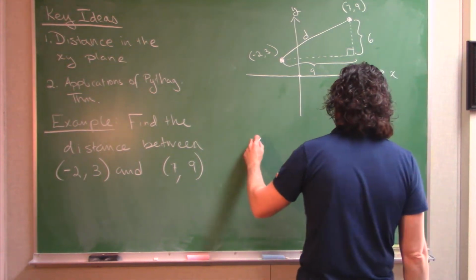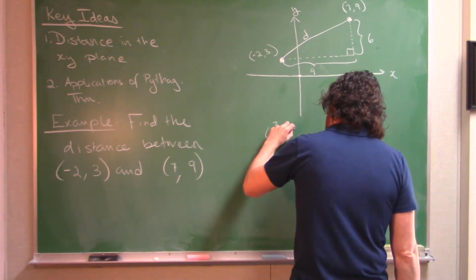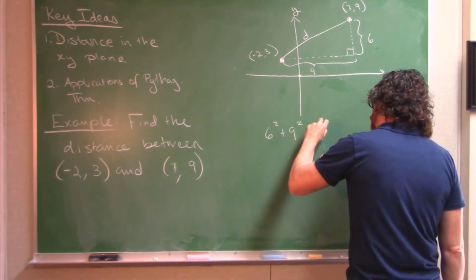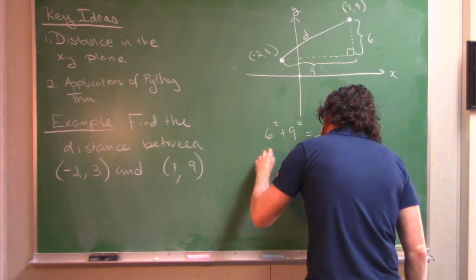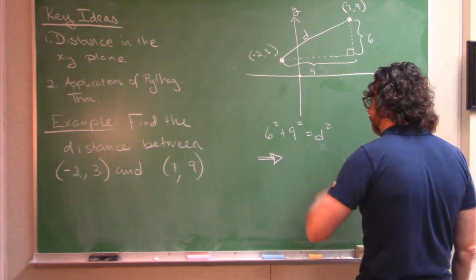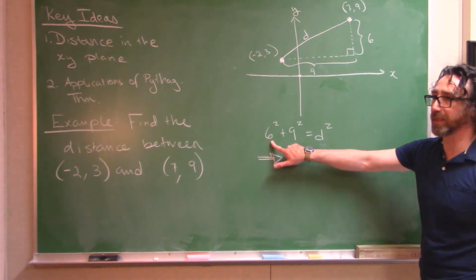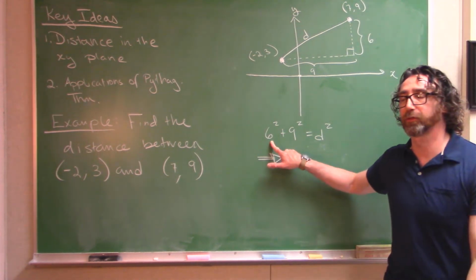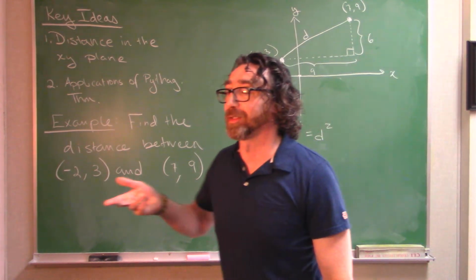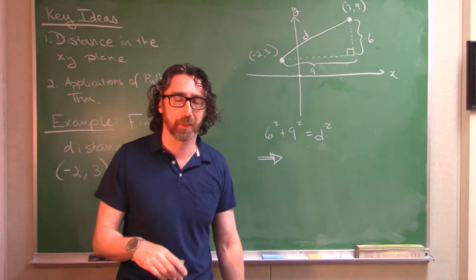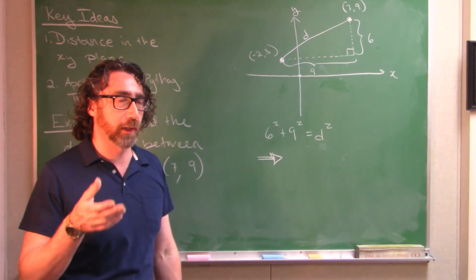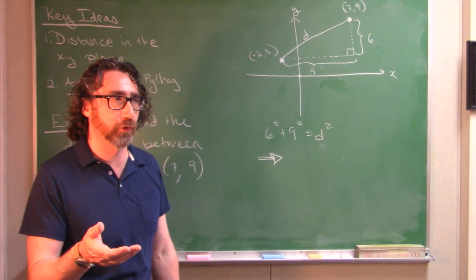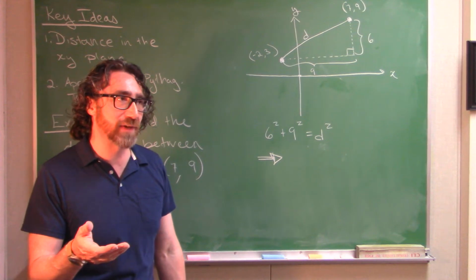So, a quick application of the Pythagorean Theorem. 6 squared plus 9 squared equals d squared. If that equation is true, then 6 squared is 36, 9 squared is 81. 81 plus 36 is 117.